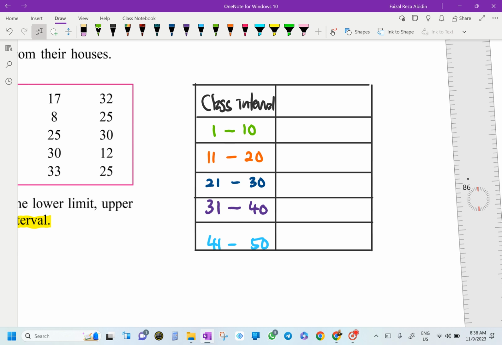Okay, now what we are going to do next here, we are going to find our frequency. This is what we call our frequency table.